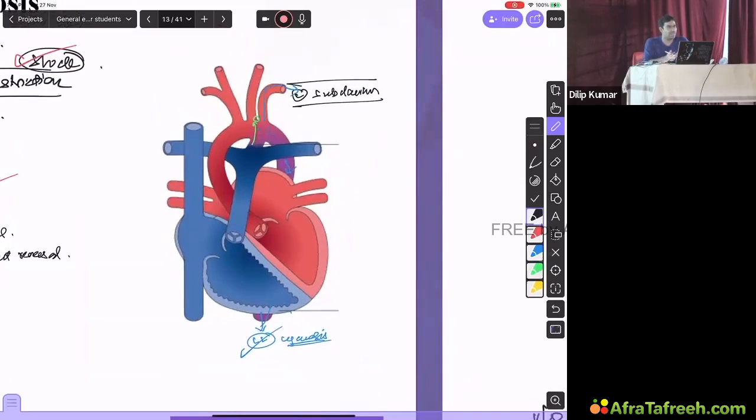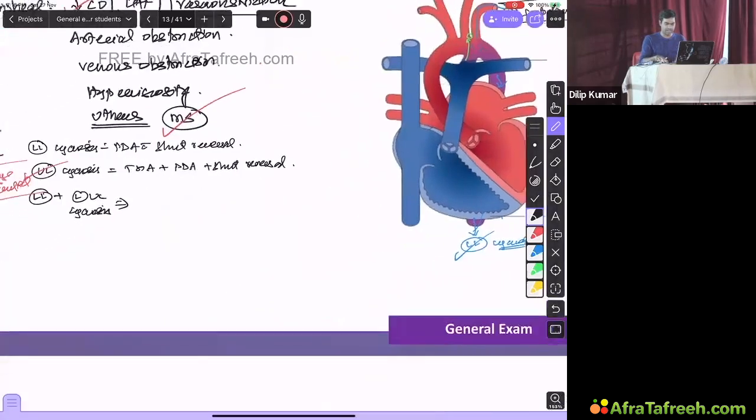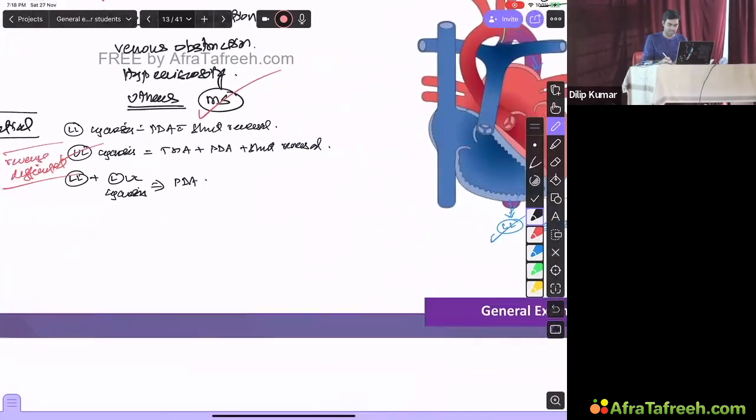So the same story, PDA with shunt reversal, but the PDA is opening proximal to the left subclavian, and that will cause lower limb plus left upper limb cyanosis also.